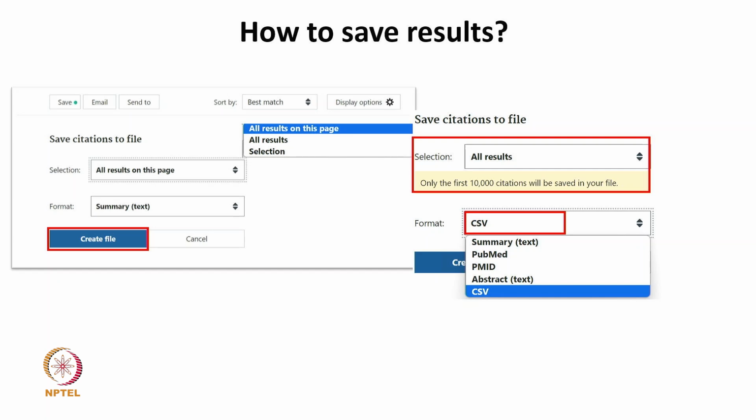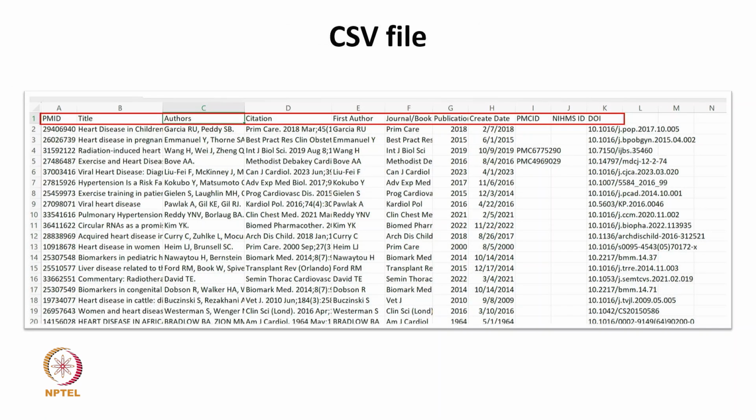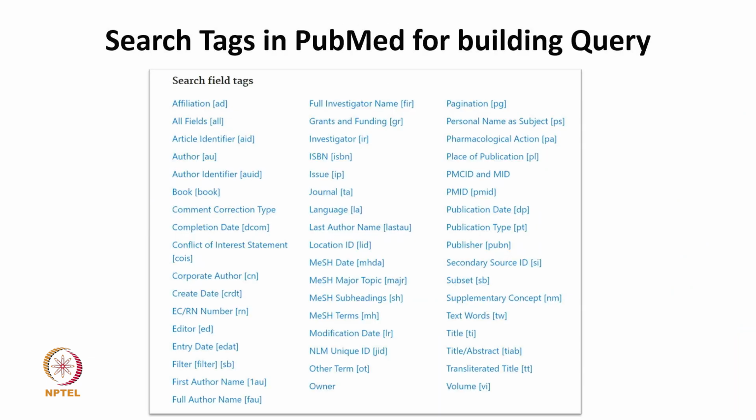You can create a summary, PubMed ID list, abstract text or CSV file. You can export the CSV file. And how does a CSV file look? It has PMID, PubMed ID, title, author, citation information, the name of the book or journal, year, date, PMC ID, DOI, etc. There are various search tags used in PubMed for building a query.